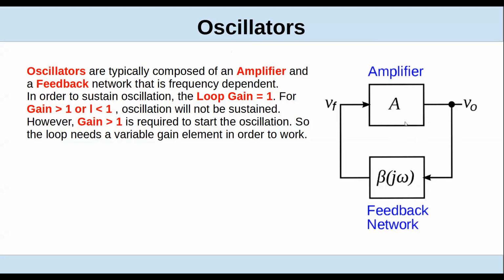Okay, so it means you have to compensate for any losses in the feedback network with enough gain in the amplifier so that the overall gain is 1. Now, in order to start oscillation, you've got to have higher gain for it to actually start. But if it maintains higher gain, it will stop. I proved that many times in my simulator and trying to get an oscillator to oscillate.